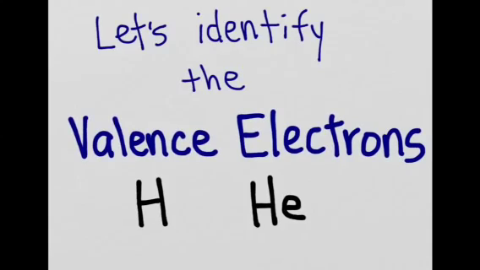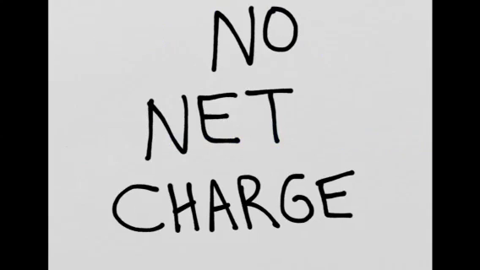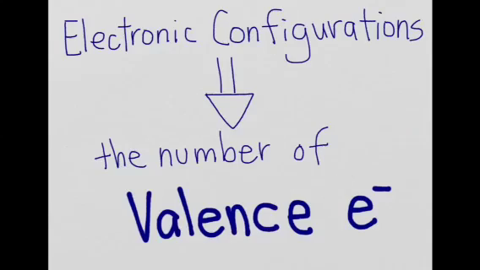Please keep in mind that throughout this video we will be dealing with elements that have no net charge, which means that they will have the same number of electrons as they have protons. And we can always find the number of protons for any element because that is a very basic characteristic called the atomic number.